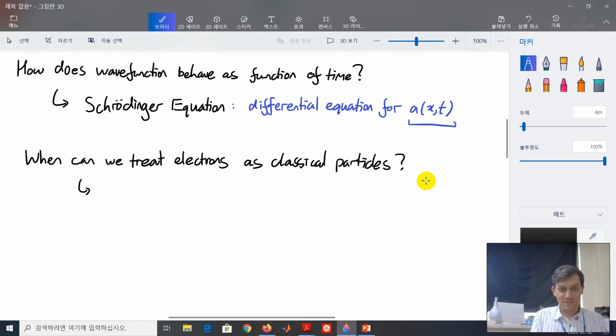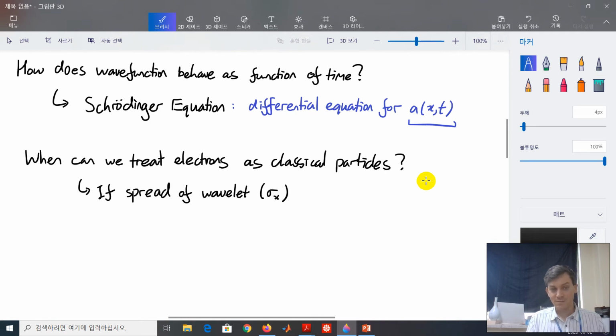And the answer to this is you can do this if the spread of the wavelet, which is the uncertainty delta x, is much less than the length scales of your experiment.